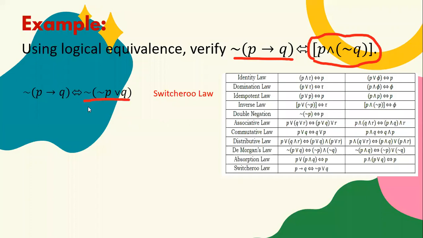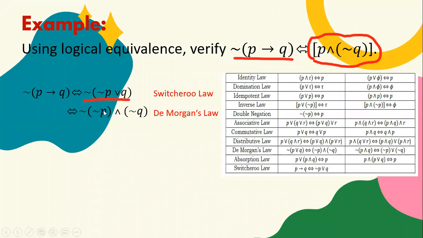But then of course, we don't have to neglect the negation symbols na nasa unahan natin ha. So, ibig sabihin, the negation of P or Q is logically equivalent to the negation of P and the negation of Q. Okay? So, yung negation natin dito, nandiyan pa rin siya kay P, and then yung Q natin, nilagay na natin doon. Okay po, that is according to De Morgan's law. Yung equivalent na yung kinuha natin ha.